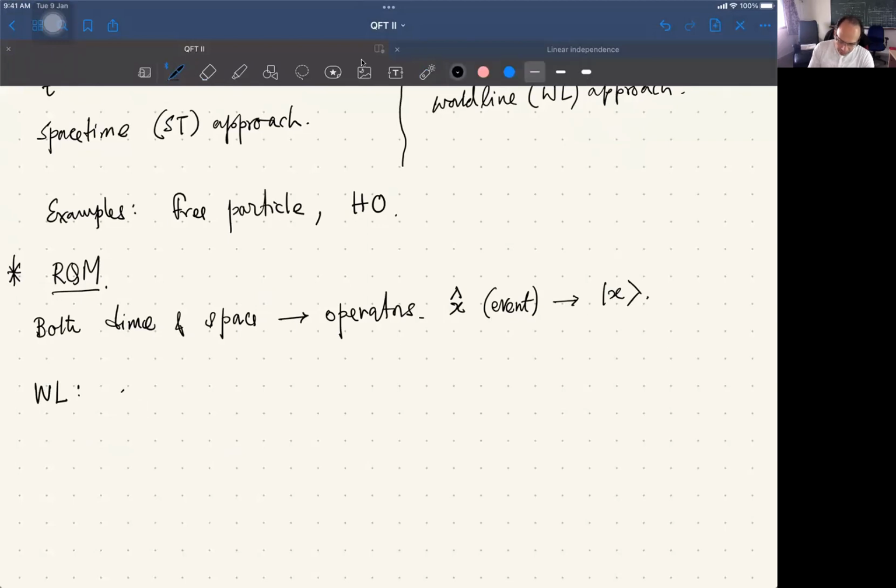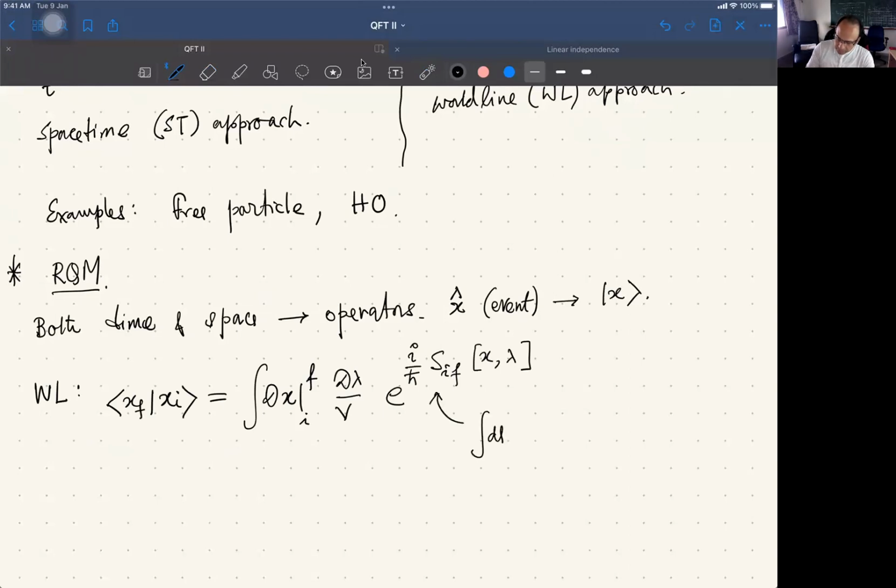The question that one asks is the matrix element of x_f, x_i, and it is given by integral dx from i to f, d lambda over V, e to the power i by h bar S[x, lambda], where the action is given by integral from 0 to 1 of the Lagrangian L(x dot, lambda).